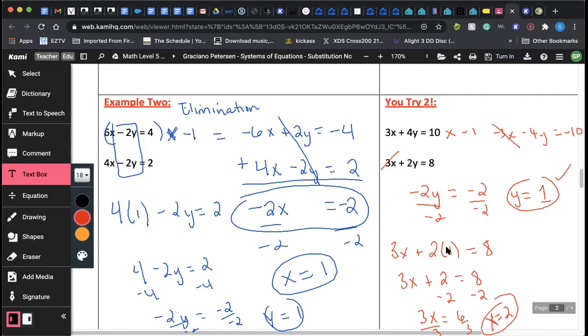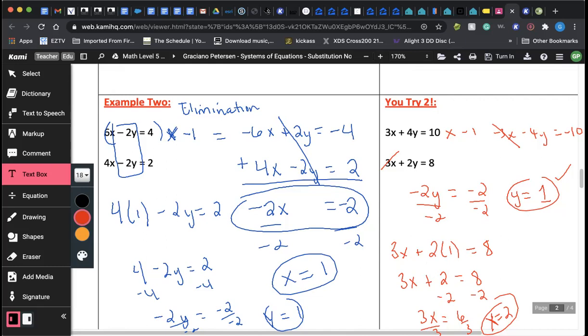Now that you have your value for y, you gotta plug it in. That's how you solve for x. So you have 3x plus 2 is equal to 8, and then you just solve for x. You subtract 2 from both sides, and you get x equals 2. Good.